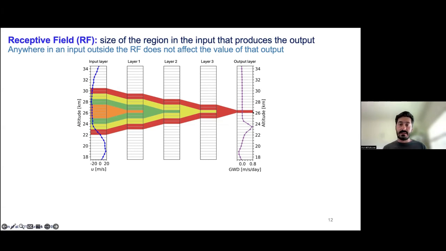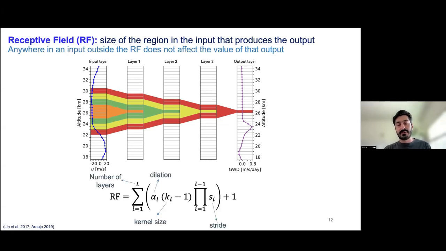And we know this is not consistent with the dynamics. It turns out we can calculate the receptive field of a CNN using this equation, which makes intuitive sense. For example, you can increase the receptive field of a CNN by increasing the number of layers, adding a dilation, or increasing the kernel size.